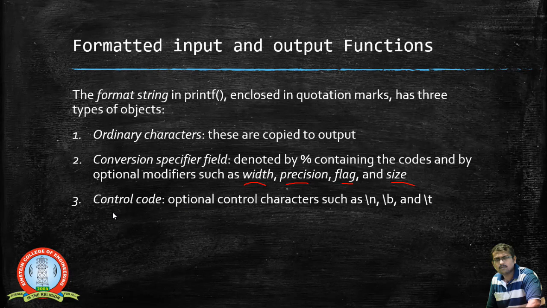In addition to this, the format string also has control codes, like \n, the newline character, \b, a backspace, and \t, where we leave some tab space. So we have characters, conversion specifier fields and control codes.